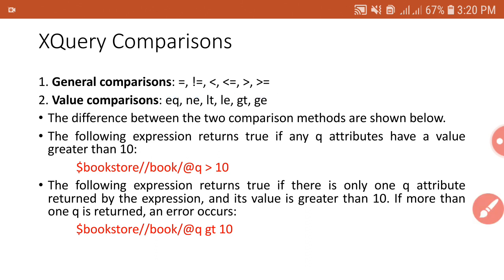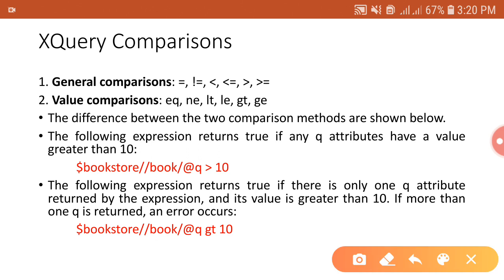Another is value comparisons. You can perform value comparison with EQ means equal, NE means not equal, LT means less than, LE means less than or equal, GT means greater than, and GE means greater than or equal.